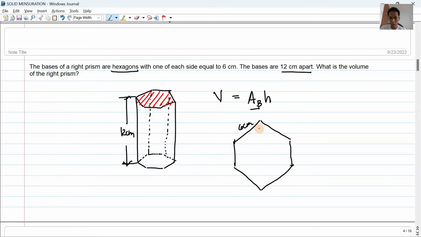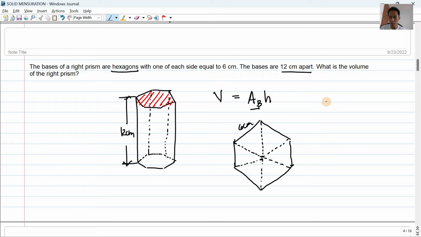So, if you connect all those vertices to the center, magkaka-form ka ng 6 na triangles lang. So, it doesn't really matter kung memorize mo yung formula for hexagon. Ang importante dito alam mo yung formula for triangle.